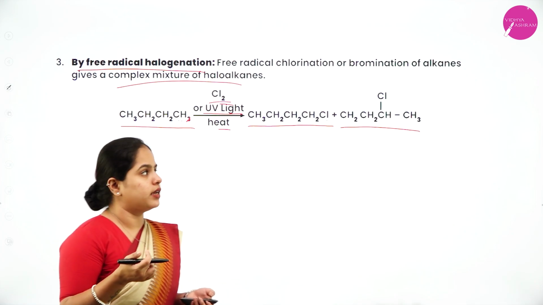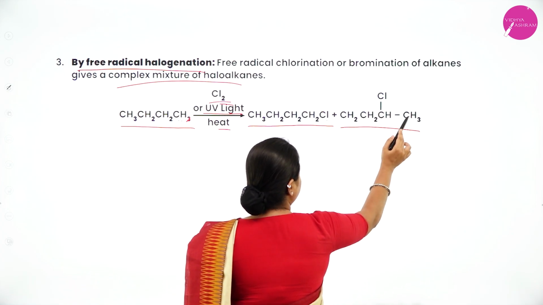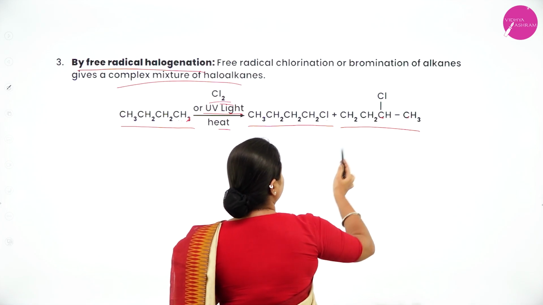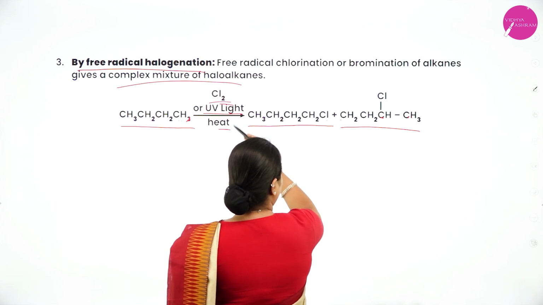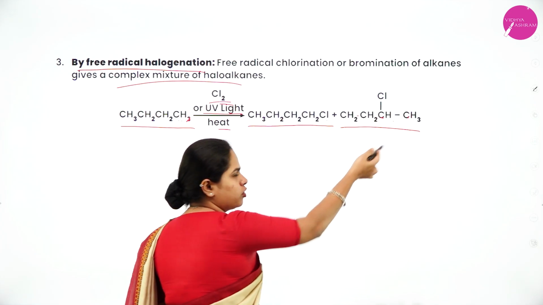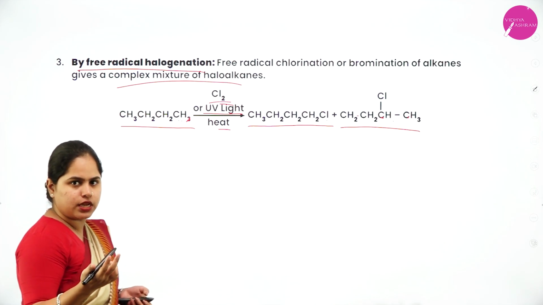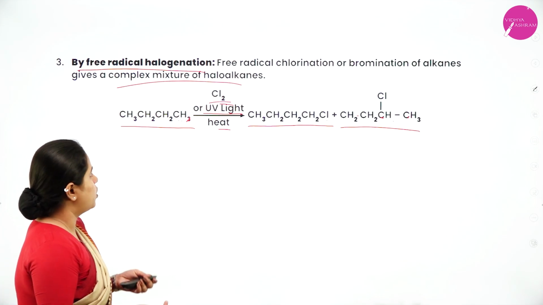In this case, 4 carbon atoms are there. Either it can attach on the first carbon atom or the second carbon atom. From the other direction, the first carbon atom gives the same product, and the second carbon atom also gives the same product. So only 2 possibilities are there, right? This will happen according to the free radical mechanism. I hope it is clear.